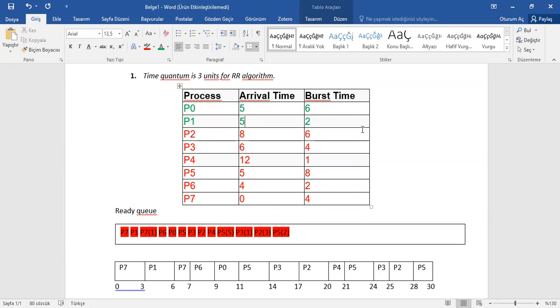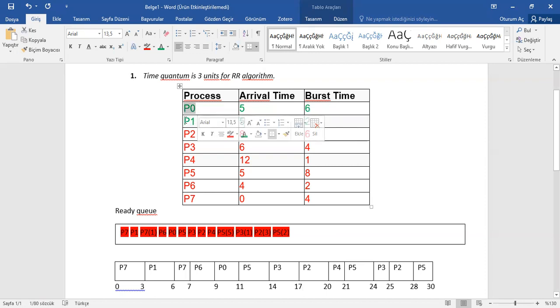No, what did I say to you? It is a preemptive version of the first come first served algorithm. So you will check the arrival times. If their arrival times are the same, do not check the burst time. Just check the process ID.